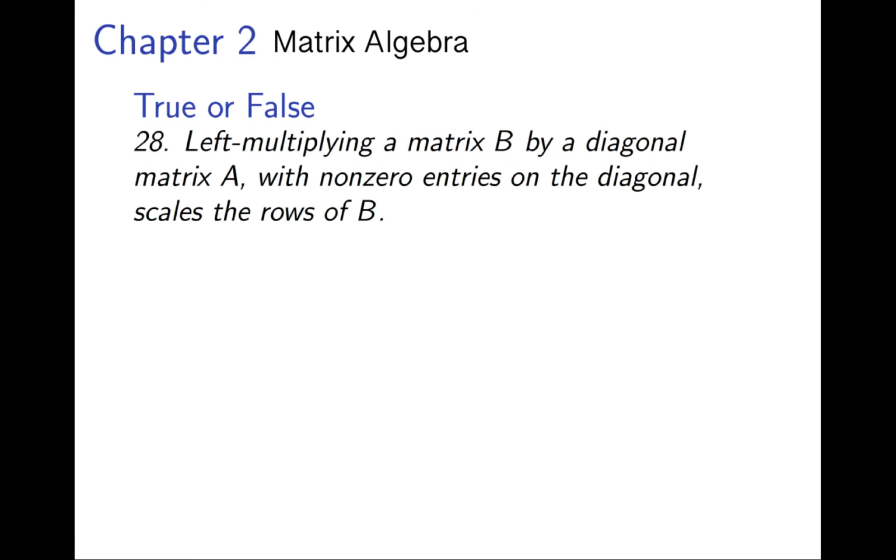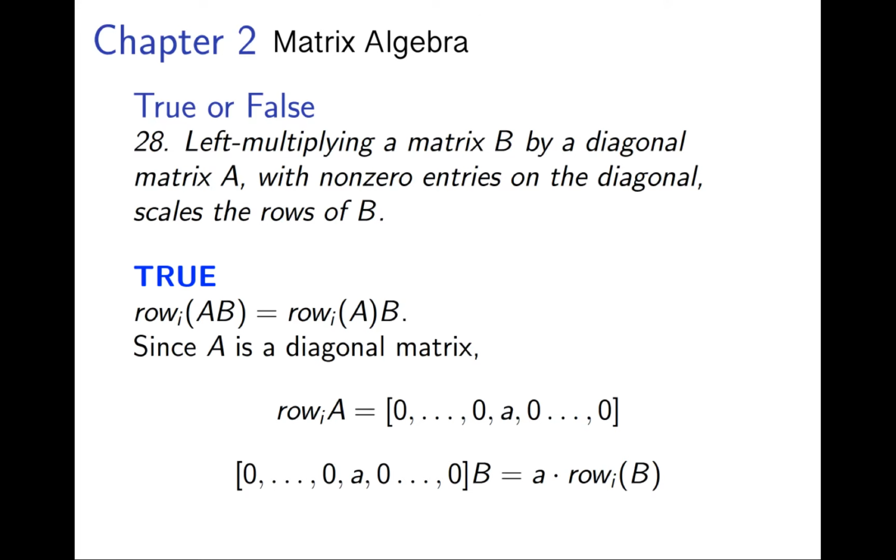Number 28. Left multiplying a matrix B by a diagonal matrix A, so the only non-zero entries appear on the diagonal, with non-zero entries on the diagonal, scales the rows of B. And this is true, and this follows immediately from left multiplication.